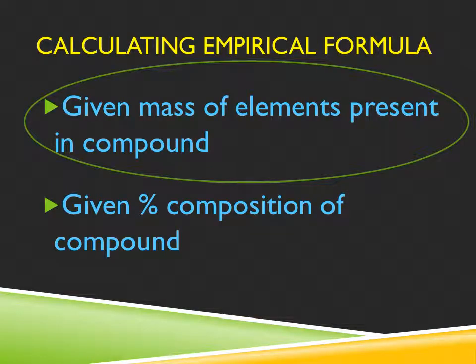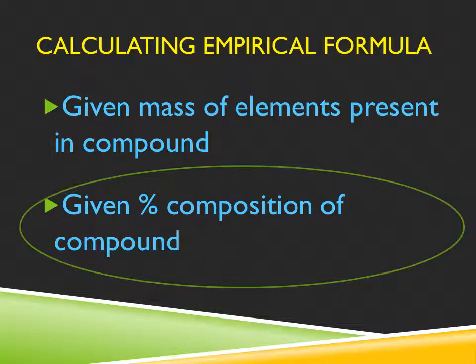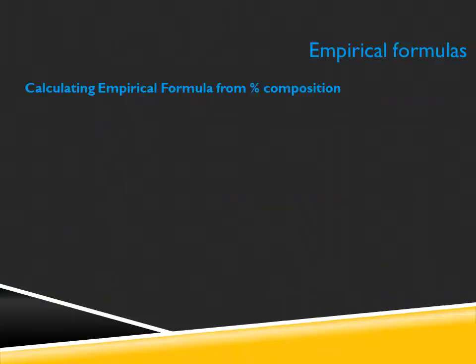Now that we've seen an example of a problem where you are given a mass of each element in the compound, let's take a look at a problem that gives you the percent composition. When you're calculating empirical formula from percent composition, the steps are exactly the same, but there is one extra step.